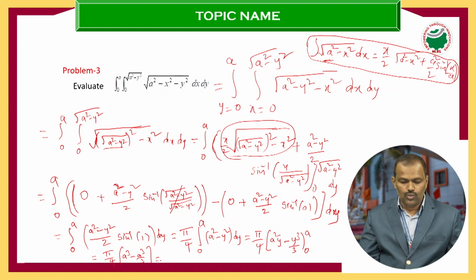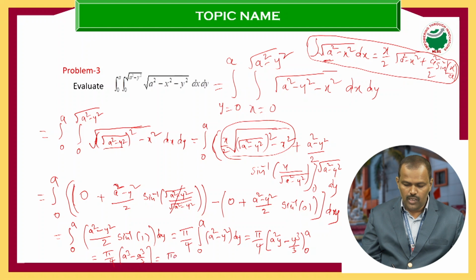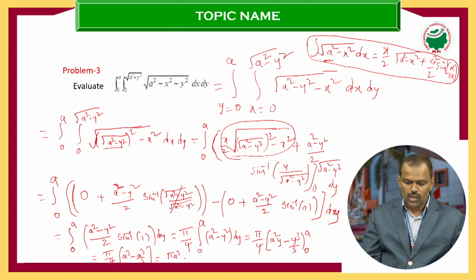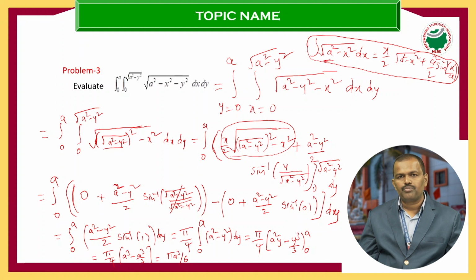So 3 is the LCM, 3a cube minus a cube, 2a cube by 3. 2 in 4, 2 times cancel. 2 3s are 6. Pi a cube by 6 is the answer.